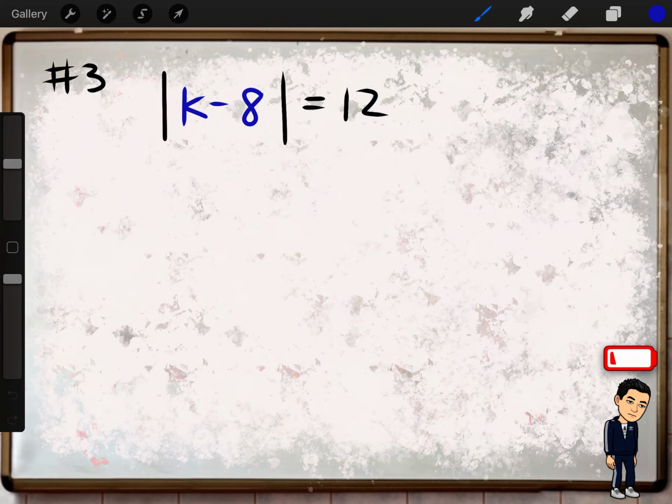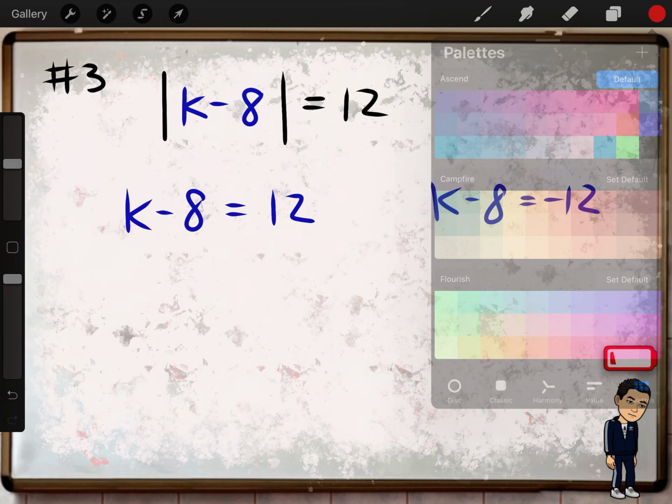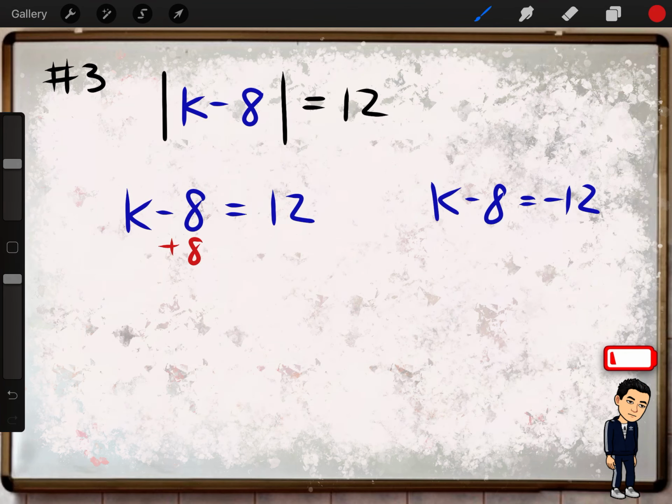The first thing you want to do is rewrite this expression without the absolute value notation. So it's going to be k minus 8 equals positive 12, or k minus 8 equals negative 12. The next thing you want to do is add 8 on both sides of both equations, to get rid of the 8's.